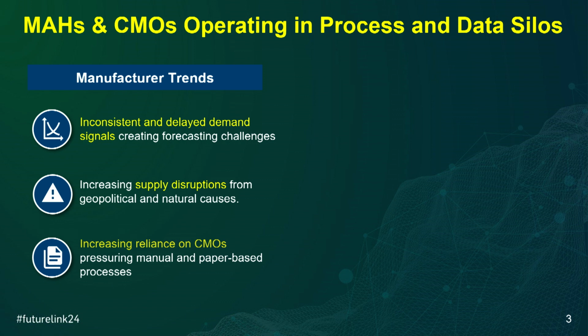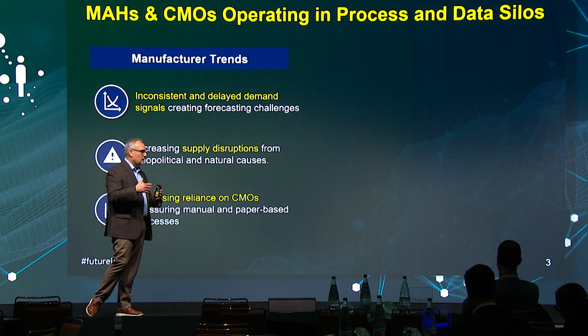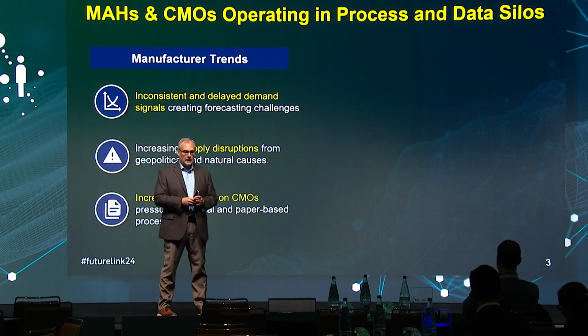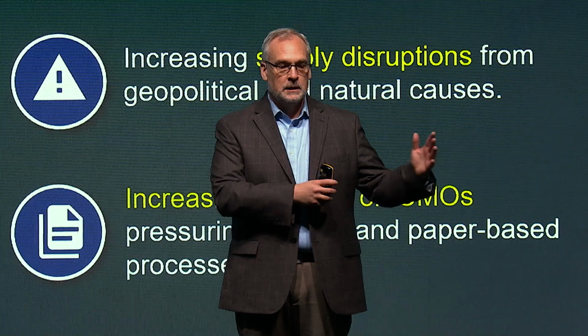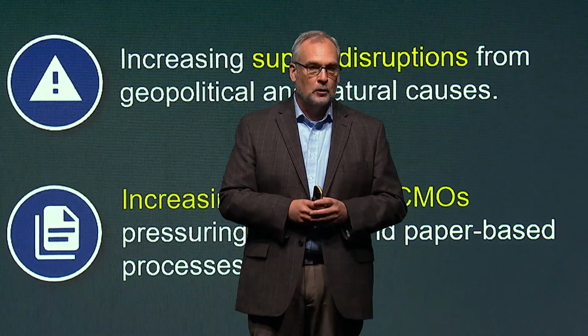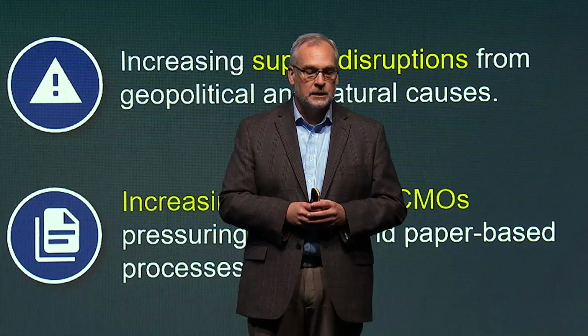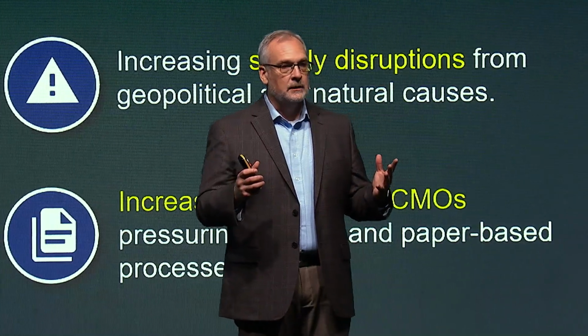So really having challenges around being able to generate accurate and timely forecasts. Along with that, you have an increasing number of supply disruptions, whether it be from natural causes or geopolitical situations. I think we're all aware of the large strike that's happening with the ports in the US. And so that creates a lot of challenges.